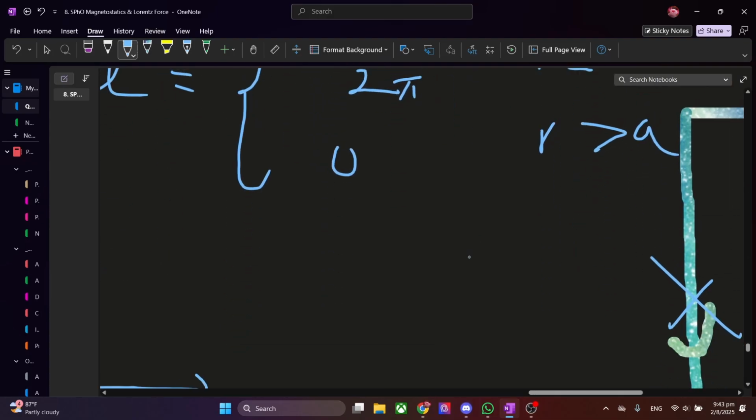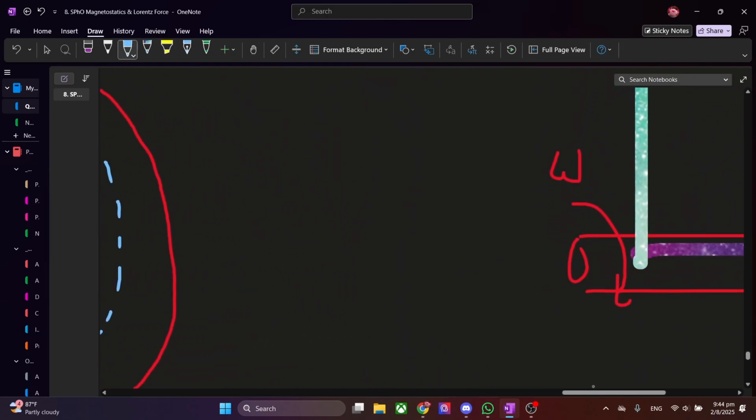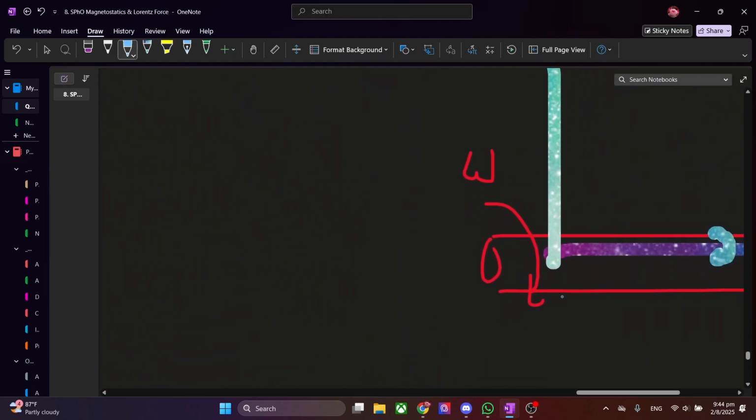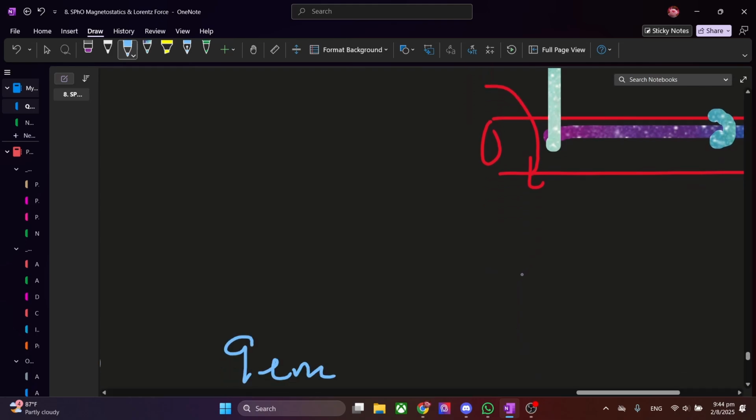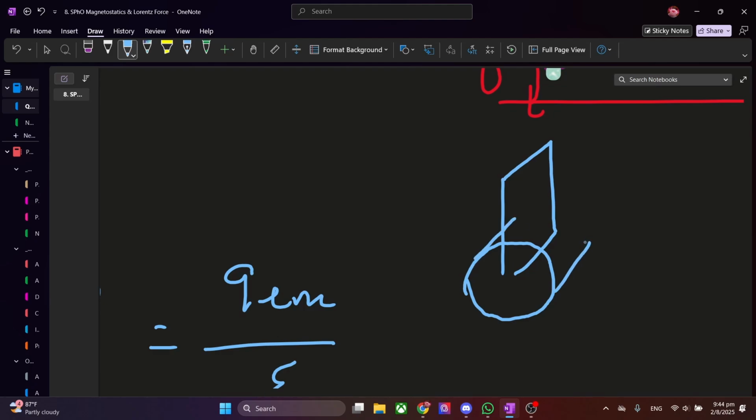For angular speed, I thought I had to do integration to find the current. No, you don't, because the current that is enclosed within this loop, let me see if I can draw a better diagram, looks something like this, and it's cutting through this surface. This cylinder is rotating at some speed omega.